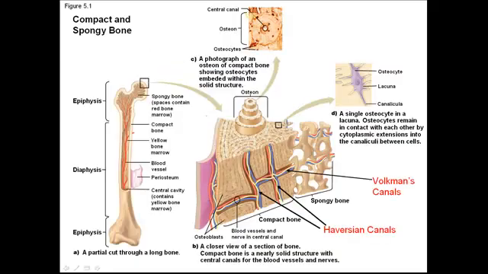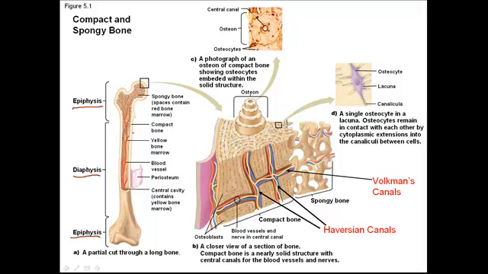Okay, so here's a gross picture of a long bone. The ends of bones we call epiphyses. The proximal and distal ends are both epiphyses. The center portion is called a diaphysis. It means between the ends.